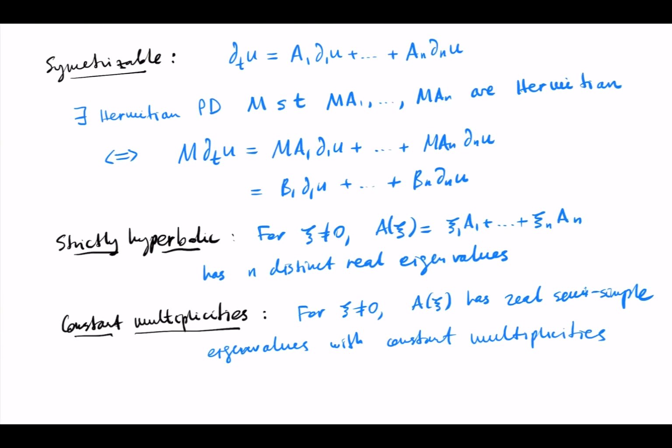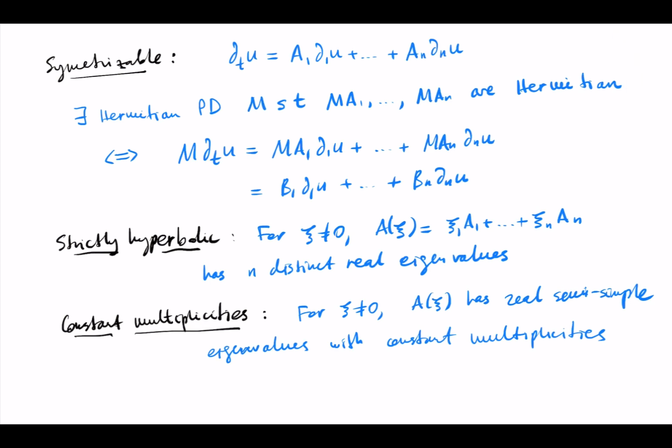More generally, we can consider symmetrizable systems. Symmetrizable means we have the same form as before, but instead of assuming that these matrices are symmetric or Hermitian, we are allowed to have one Hermitian positive definite matrix M that turns these matrices into Hermitian matrices when you multiply. So we assume that MA1 through MAN are Hermitian, and this is also strongly hyperbolic.